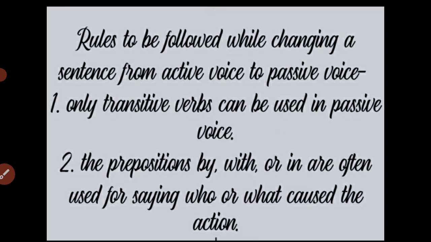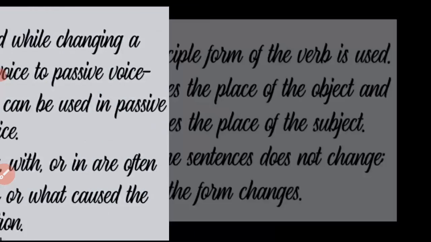So, only those sentences which have transitive verbs, which have an object after them, can be converted into passive voice. The prepositions by, with, or in are often used for saying who or what caused the action. So, along with the subject, we use by to show who had caused the action.